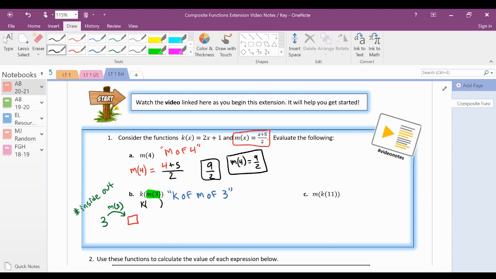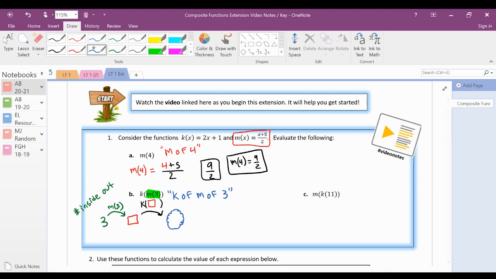So 3 goes into m, and whatever comes out is going to be my input into the k function. So I'm going to substitute whatever comes out of the m function into the k function to get my final answer. I'm actually going to put that in swirls instead of a box there.